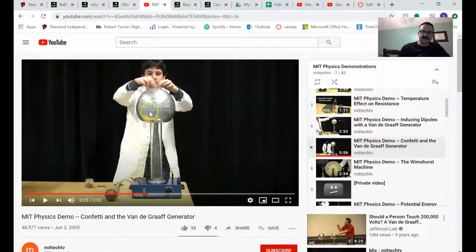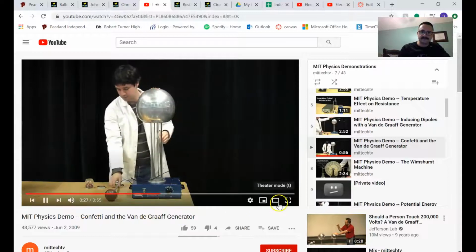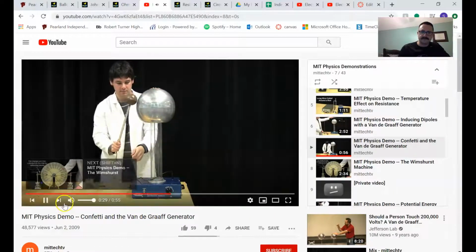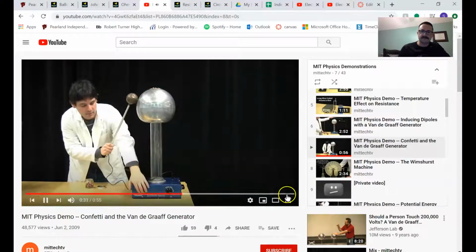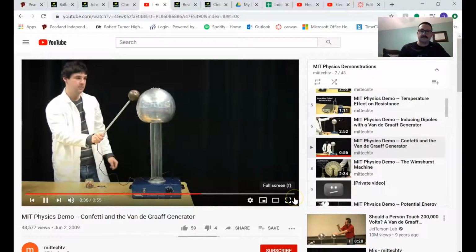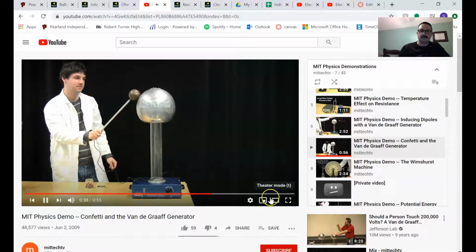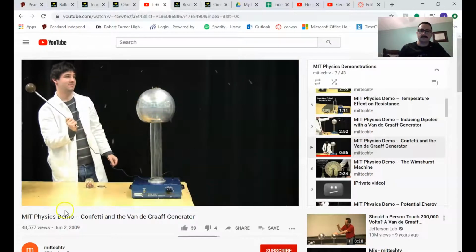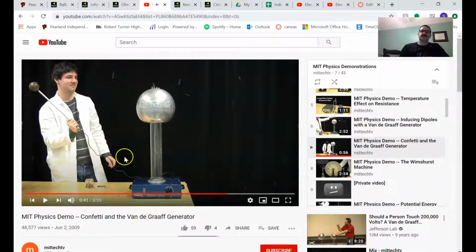Take a look at this. This thing is called a Van de Graaff generator. What it does is it builds electrons up onto here, and then let's see what happens. You saw all of those little objects go flying.